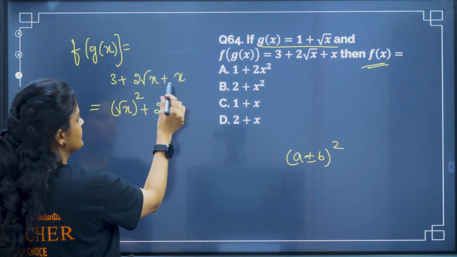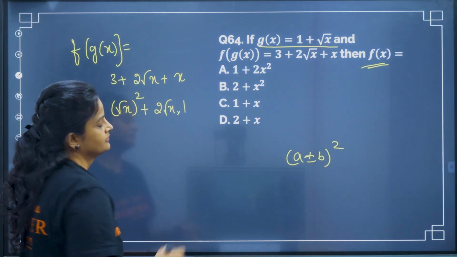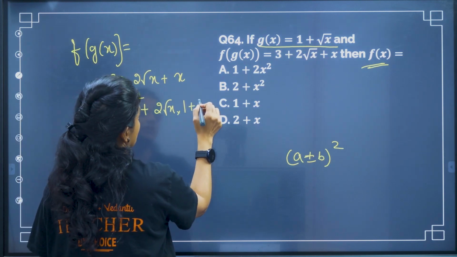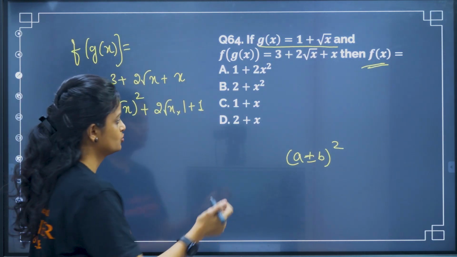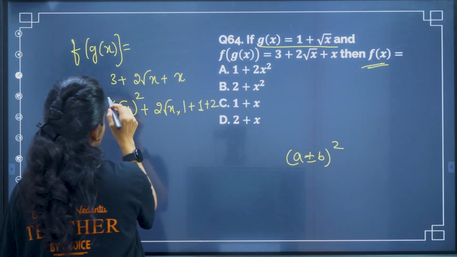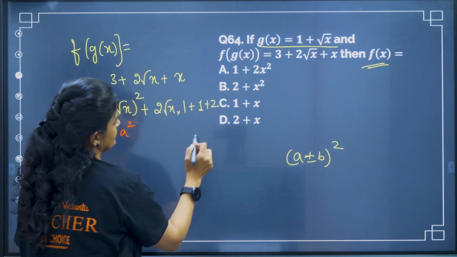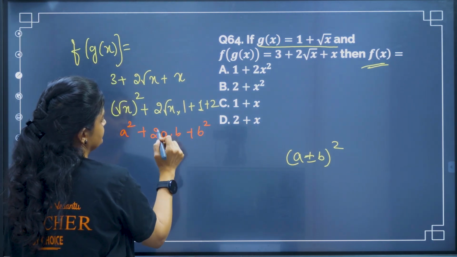Completing the square means bringing the quadratic to a plus or minus b whole square form. After simplifying, bringing it into this form, we call it completing the square. So now I am doing the same thing. This is a square, this is 2ab. a square plus 2ab, then b square will be 1. I am splitting this 3 as 1 plus 2. Now see, this is my a square, here I have b square, and 2a and b.